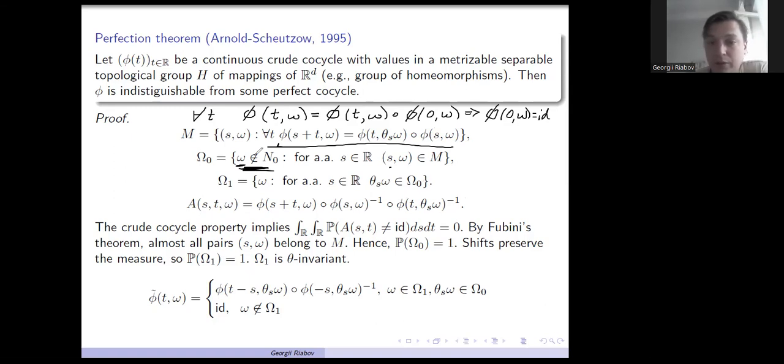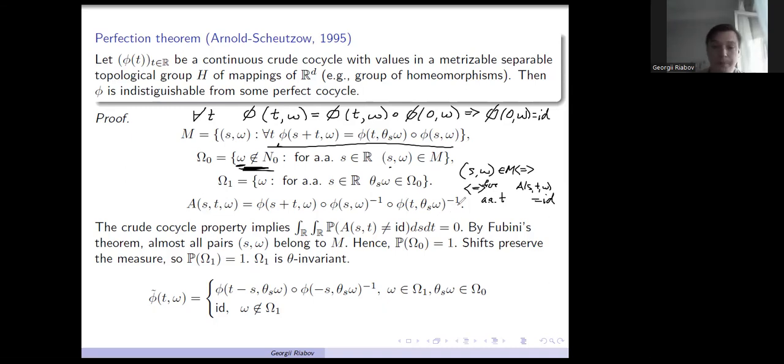In particular, s, ω belongs to M if and only if for all t, A(s,t,ω) is the identity. Actually, we assume continuity of the cocycle φ in t, so we can replace 'for all t' with 'for almost all t'.